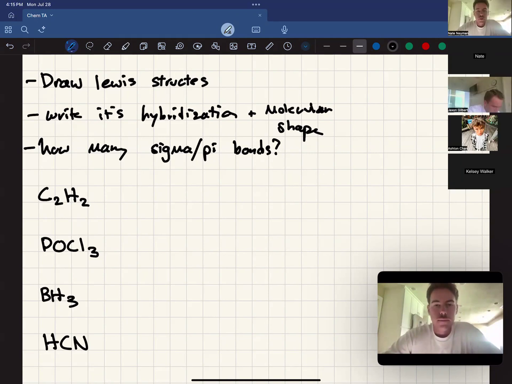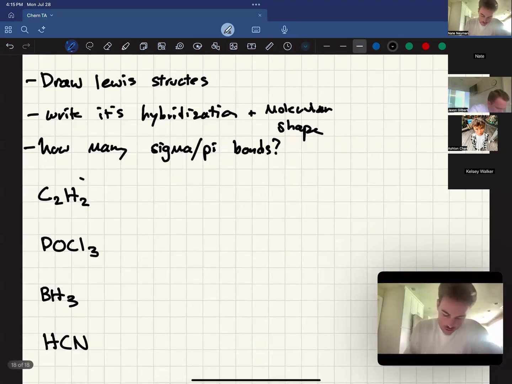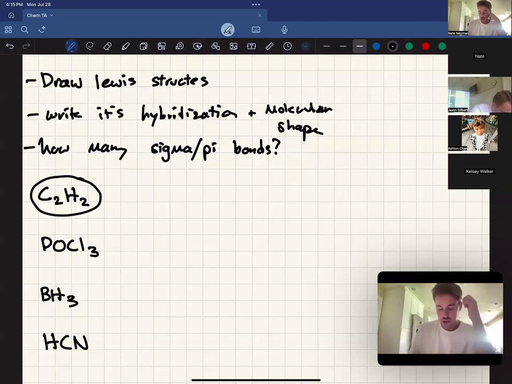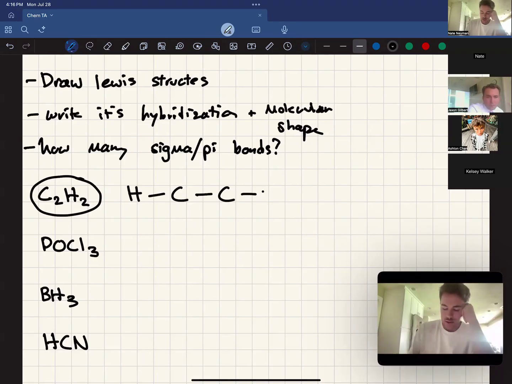Okay, let's do it. So first one, C2H2. First, drawing the Lewis structure. We have two carbons bonded to each other, and then the hydrogens are drawn on the outside. This is the Lewis structure for this one.